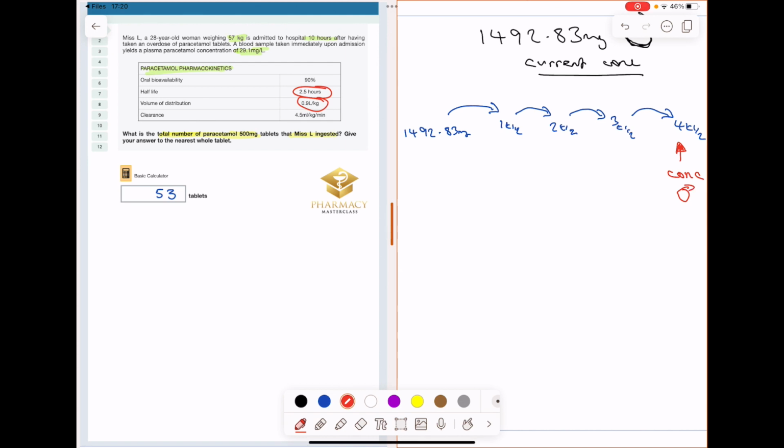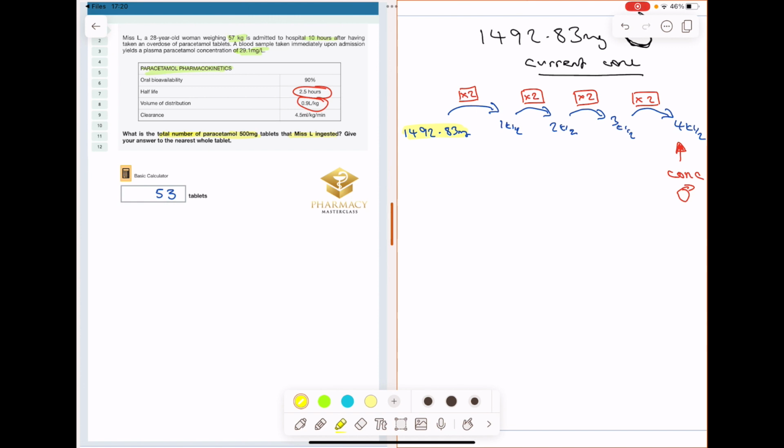Now to go back up half-lives, we simply times by 2. Because if we were going the opposite way, we'd be dividing by 2 when we go down half-lives. So all I have to do is take the final concentration here and times it by 2 4 times. So on my calculator, I'm going to press times 2 equals, times 2 equals, times 2 equals, and times 2 equals.